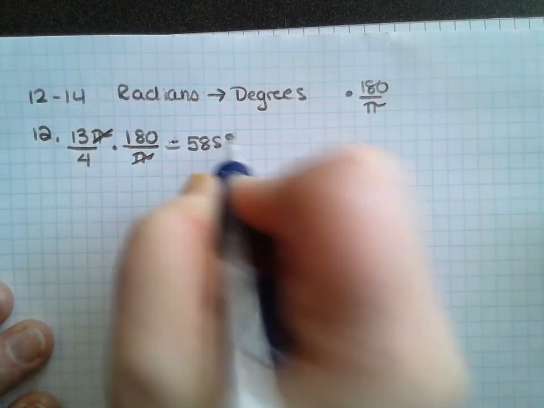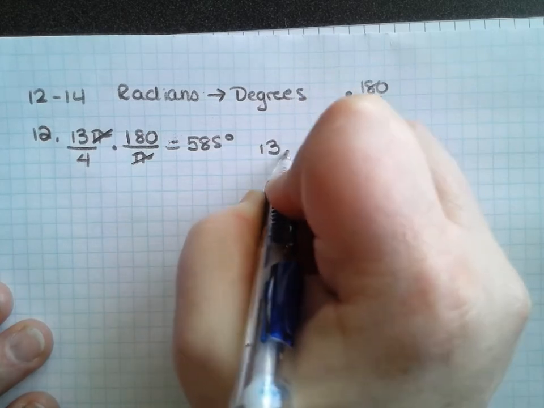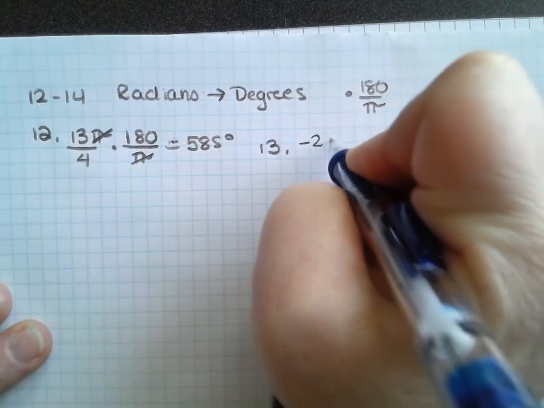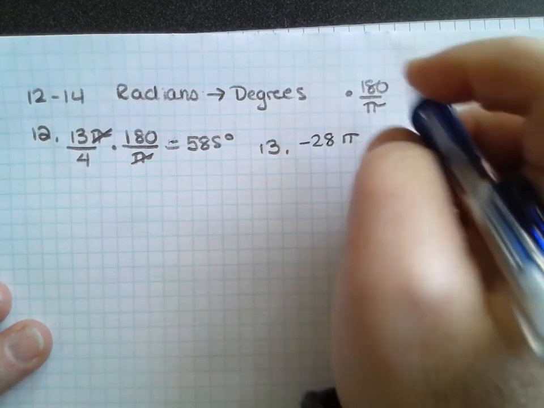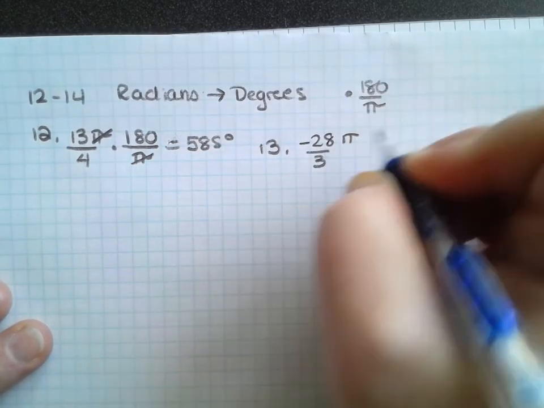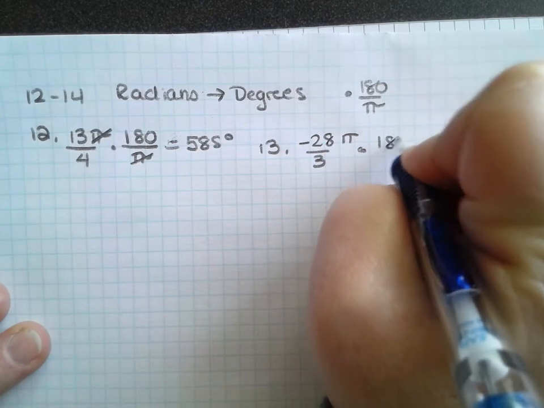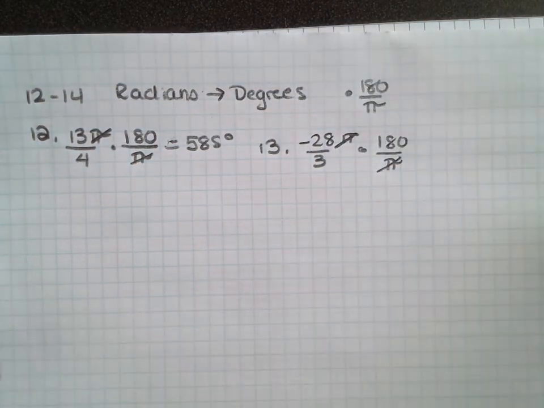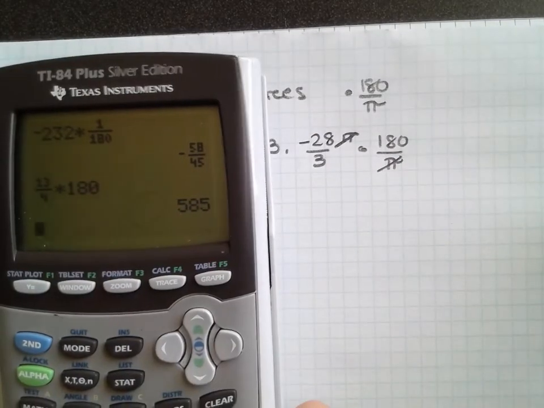So let's look at number 13. I've got negative 28 pi over 3 multiplied by 180 over pi. So I'm going to go ahead and cancel these out. And again, these can be negative.